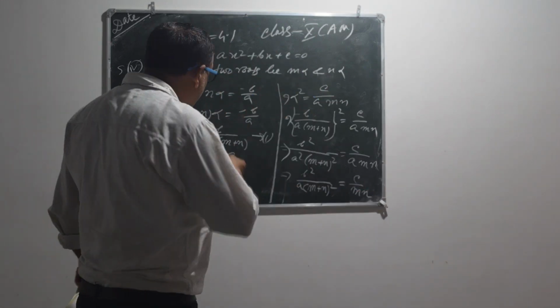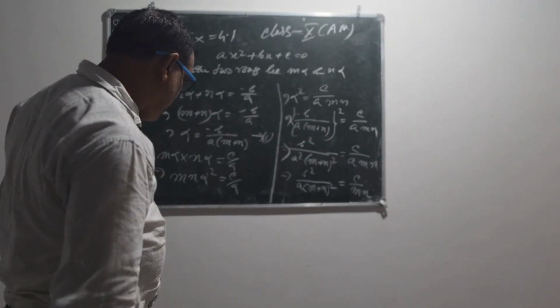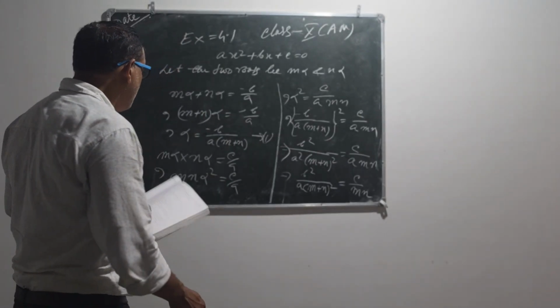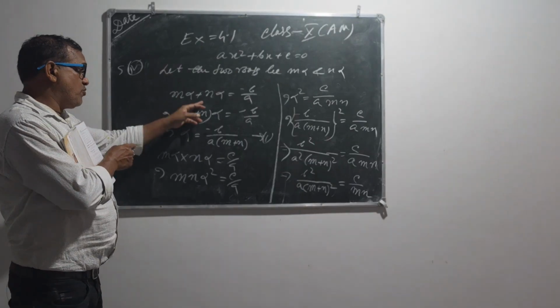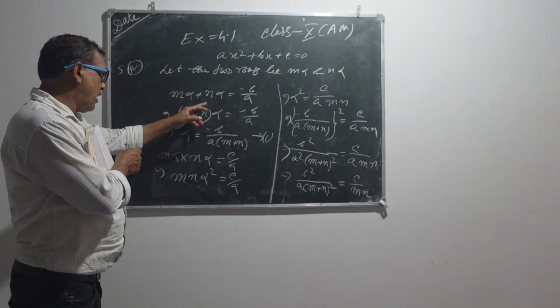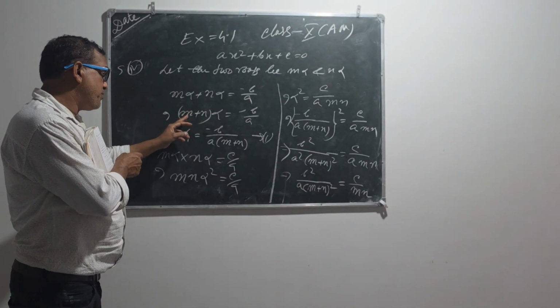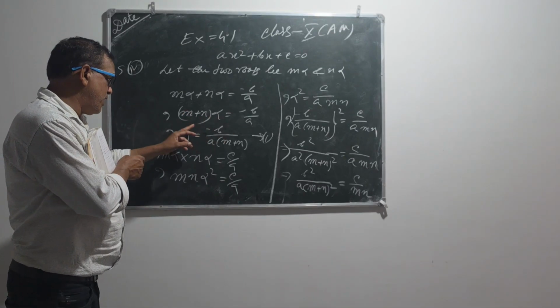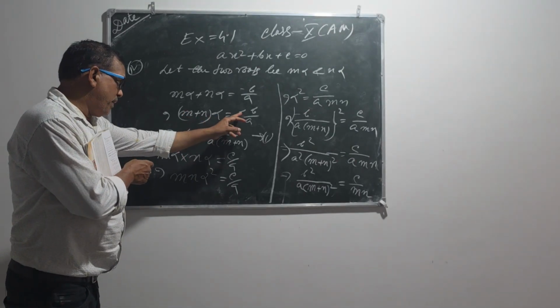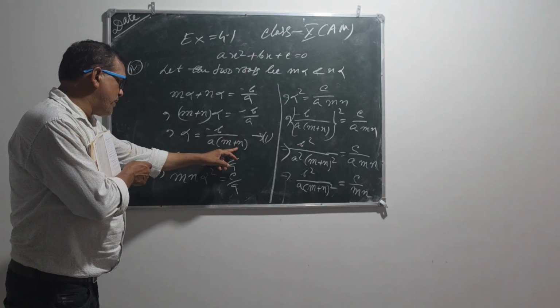For further simplification, we have to write the left side. First of all, the sum of the roots equals minus b by a. So alpha is common, that is m plus n whole into alpha equals minus b by a. Then alpha will be minus b by a into m plus n.